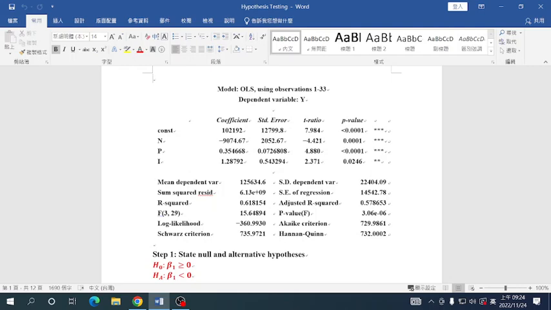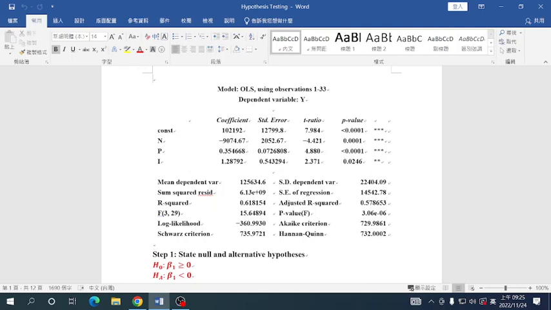And the p-value, 0.00001, is really small, right? It's much smaller than 0.05. So with these two, we both end up with the conclusion to reject the null hypothesis.